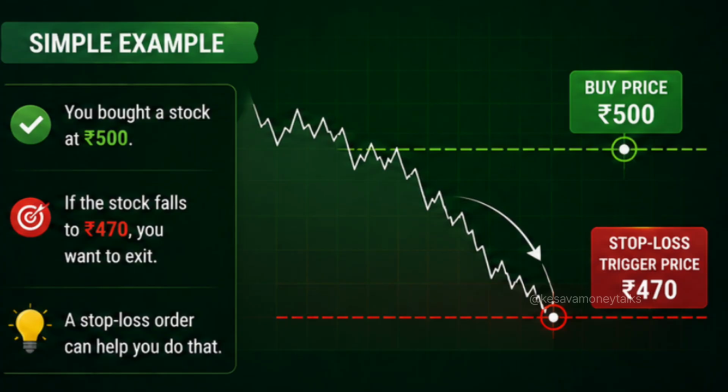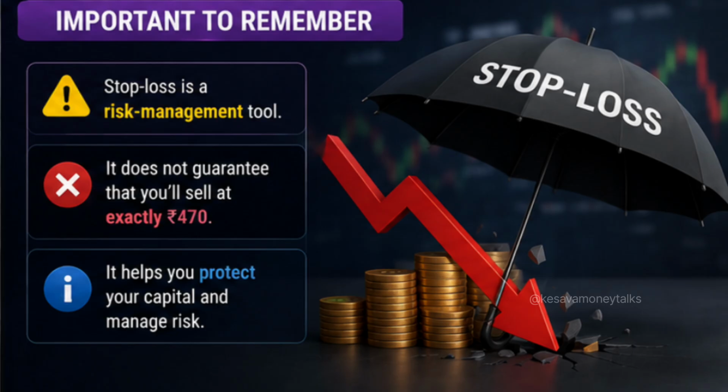You decide that if the stock falls to 470 rupees, you want to exit. A stop loss order can help you do that according to its specific order type. Remember, stop loss is a risk management tool. It does not guarantee that we'll sell at exactly 470.